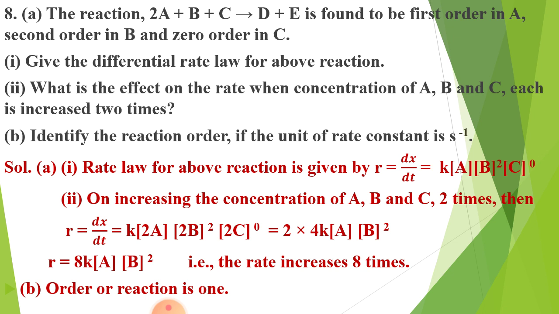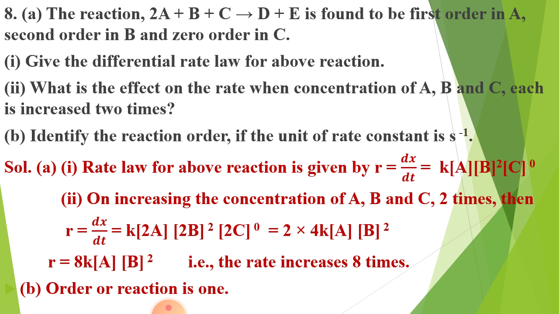Now part 1, the rate law of the above reaction is given as dx by dt or r equals k [A] to the power 1, B to the power 2, and C to the power 0. Here that means according to the rate law, the rate does not depend upon the concentration of C. Now second part, the effect on the rate when the concentration of A, B and C each is increased 2 times.